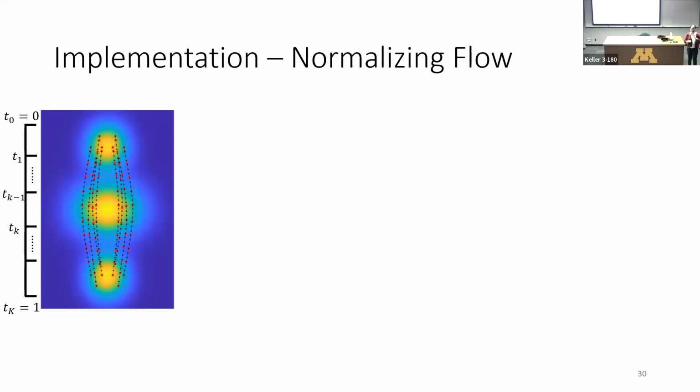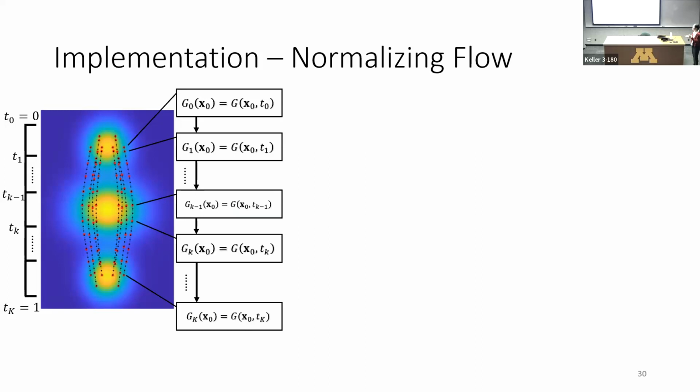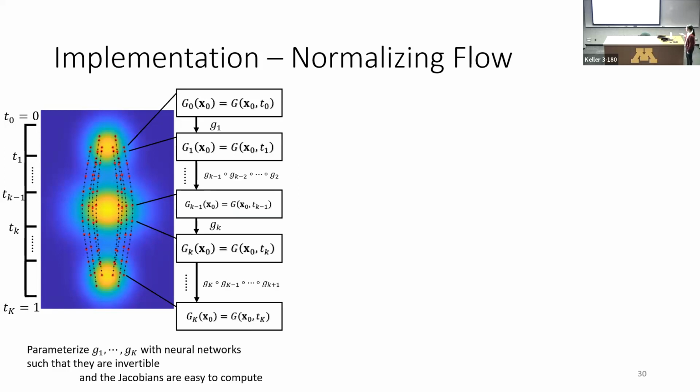If it is not easy to push G to satisfy all these conditions, how about I divide the time interval into a sequence of segments, and if on each of the segments I can push this small g1, small g2 to satisfy the invertibility and the efficient Jacobian determinant computation, then we compose all these small g1, small g2.